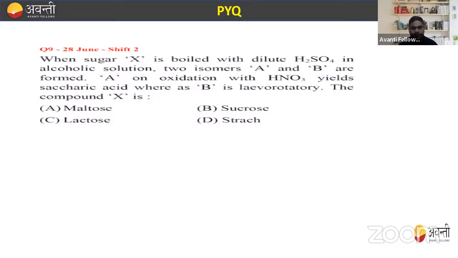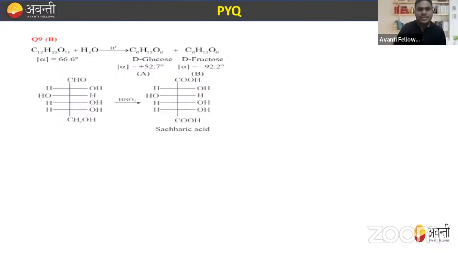You have to identify the compound X. Which compound is likely to be this, right? So let's read the statement first. When sugar X is boiled with dilute H2SO4 in alcoholic solution, they give two isomers A and B. A on oxidation with HNO3 gives saccharic acid, whereas B is levorotatory, right? So you have to identify the structure.